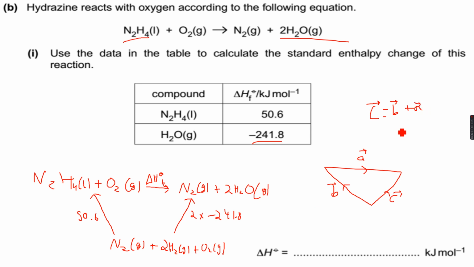Now if we apply this relationship to our Hess cycle, then what we get is that 2 into minus 241.8 is equal to 50.6 plus delta H naught R.